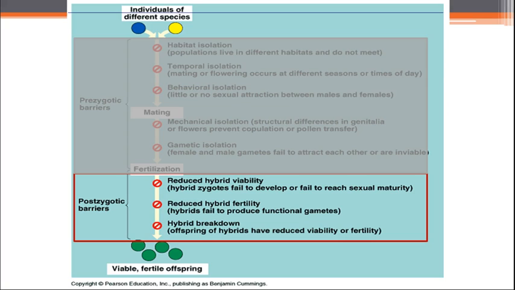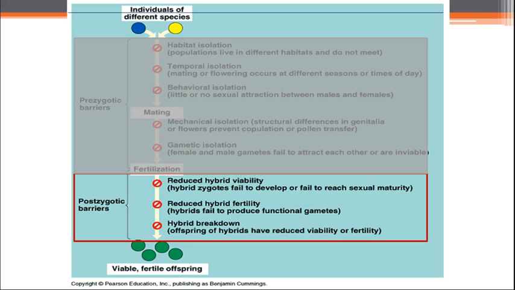But let's say that you actually do have the egg and the sperm get together, post-zygotic. We'll talk about zygotes more next time. You can actually have an offspring form. Now, a lot of times there's no offspring at all, even if the gametes fuse. But if you do get something, then you have reduced hybrid viability.